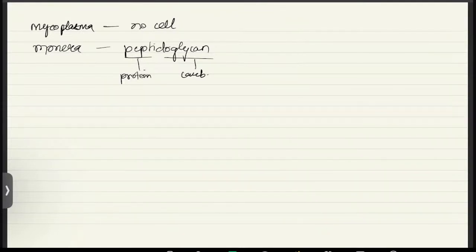If this is the cell wall, you need stability. So proteins will give it a rigid structure, whereas the carbohydrate will give it antigenicity or recognition. Plus, carbohydrates will also act as a glue within the proteinaceous structures.